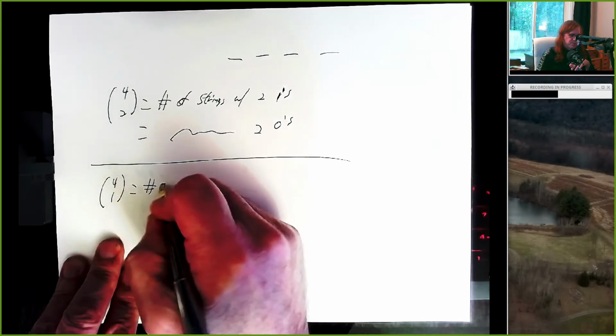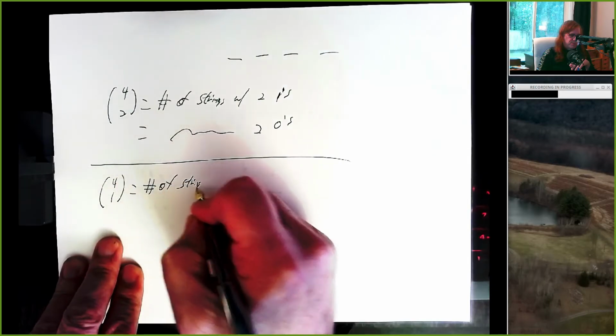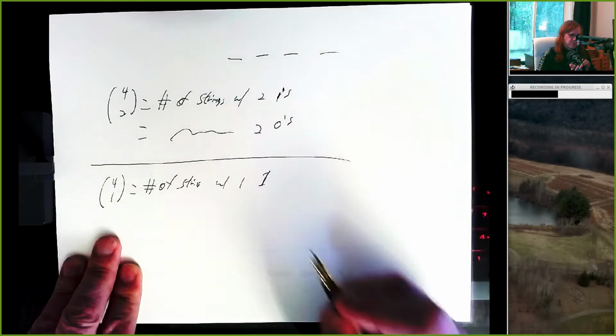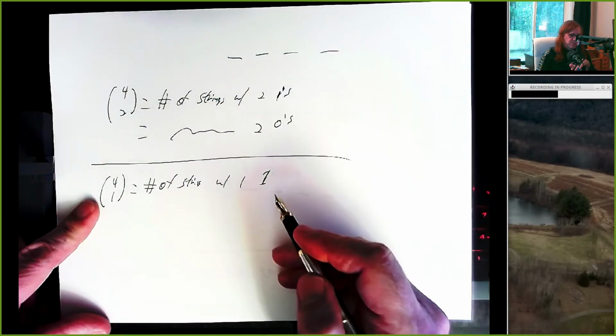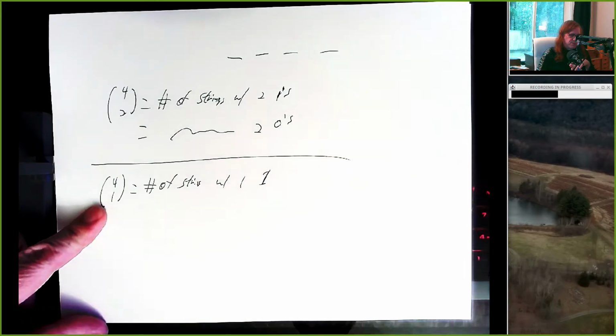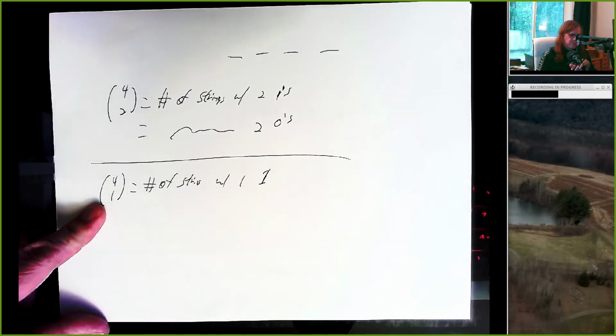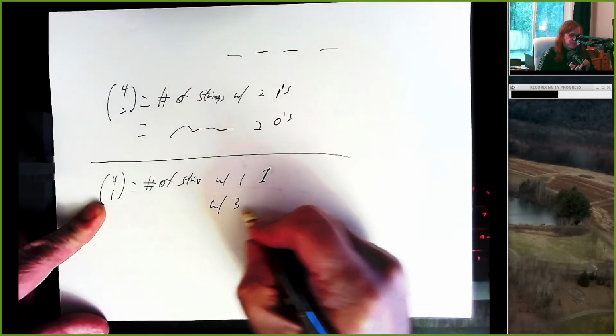4 choose 1 equals the number of strings with 1 one. I choose one of these to have a 1. Well, a 4-bit string with a single 1 is a string with 3 zeros, because it's a 4-bit string. So it's also the number of strings with 3 zeros.